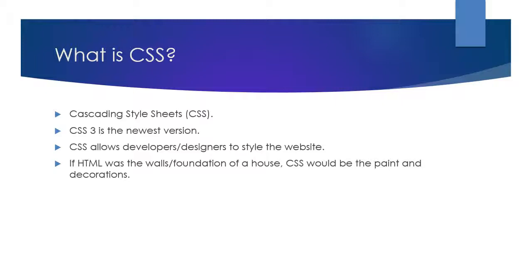And the newest version of CSS is CSS3, which is why it's on the slide. CSS2 was the previous version. And as I said, CSS allows developers and designers to style the website. So usually any kind of styling on the website, any kind of text that's big or text that's gray, that is all colored and styled by CSS.